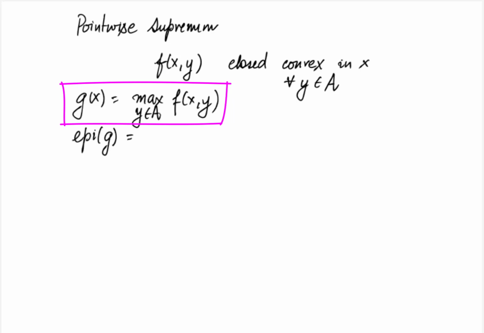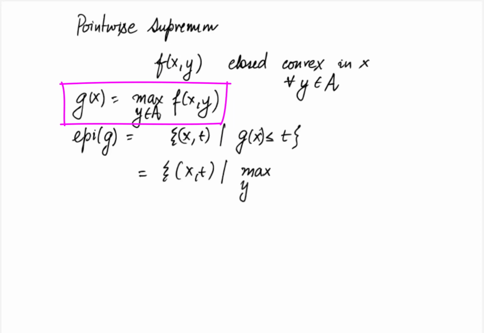So let us try to check if g is convex by calculating its epigraph. The epigraph of g is the set of all x, t such that max over y of f of x, y is less than or equal to t. Now what can you say about this inequality? In general, whenever you have an inequality of the form max of some numbers less than or equal to t, it follows that all those numbers on the left hand side have to be less than or equal to t.